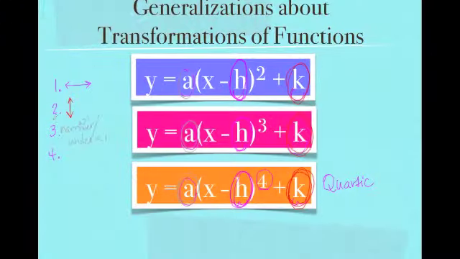And then the last thing that you're looking for is to see if it is reflected. If it's reflected, it's going to have a negative sign in front of the A or in front of the parentheses. So 4 things: horizontal movement, vertical movement, if it's stretched, and if it's reflected. And those are the only things we'll be looking for in transformations.